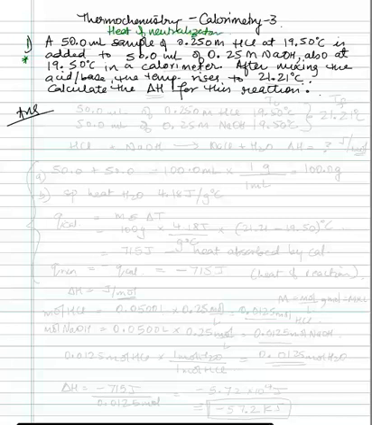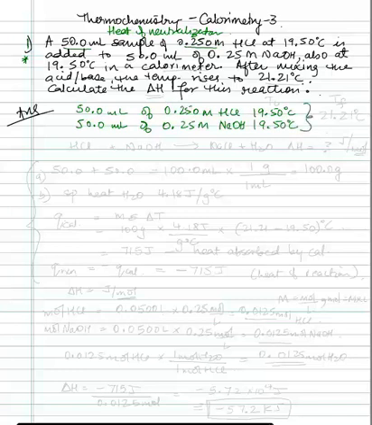Okay, so here we have a 50 milliliter sample of 0.250 molar HCl, and the initial temperature is 19.50 degrees Celsius, and it's added to also 50 milliliters of 0.25 molar sodium hydroxide, which is also at 19.5 degrees Celsius.